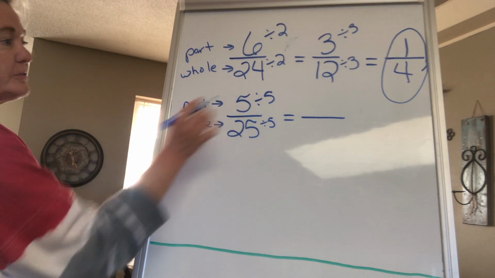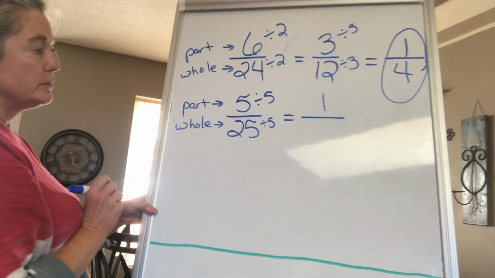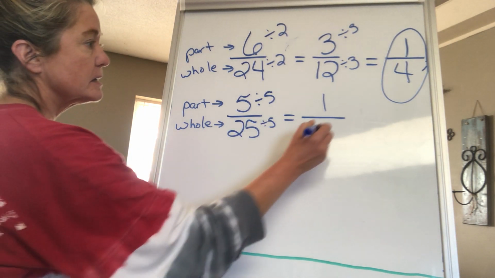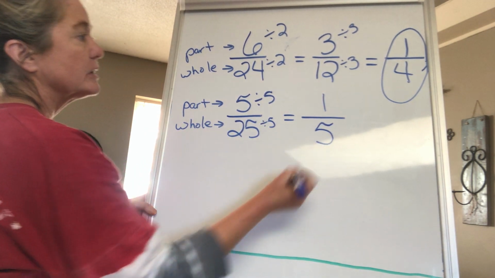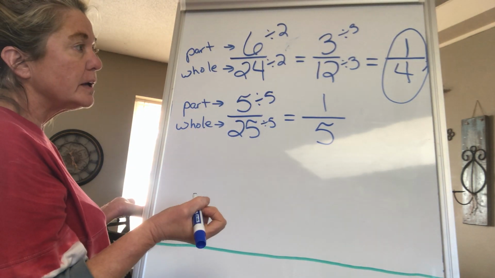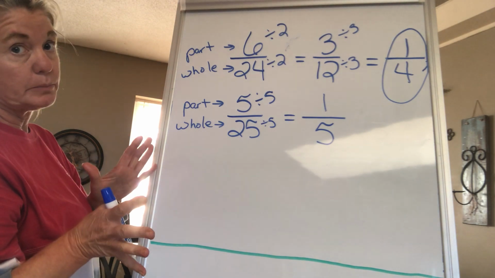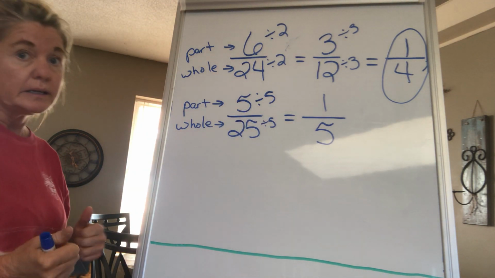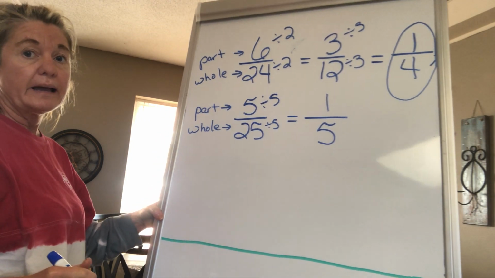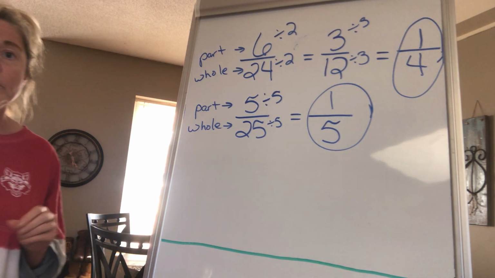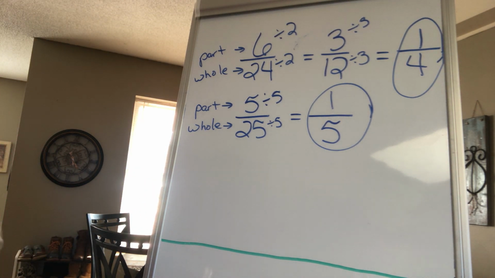So 5 divided by 5 is 1. 25 divided by 5 is 5. And remember, anytime we get a 1 on the end, and that's not always going to have a 1 if it's in simplest form, but anytime you do reach a 1, it's definitely in simplest form. So we have 1/5 of the marbles were given to Jane.